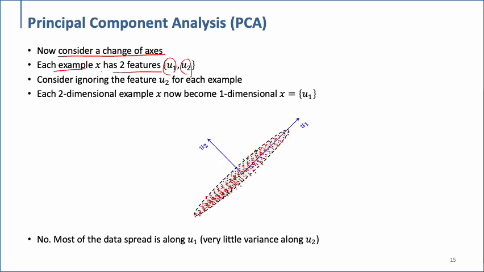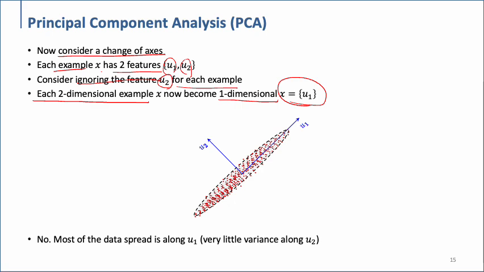And similar to the first case, let's consider ignoring the feature u2, for example. By doing this, its two-dimensional example now becomes one-dimensional, only including u1.